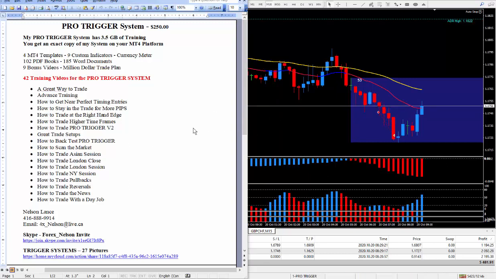Because remember, the stuff that the broker gives you is garbage. They repaint. They're designed to take your money. And that's why I got frustrated for many years with all the repainting going on. If it turns from blue to red, it doesn't go different colors back and forth. Locks it in, and that's the color.